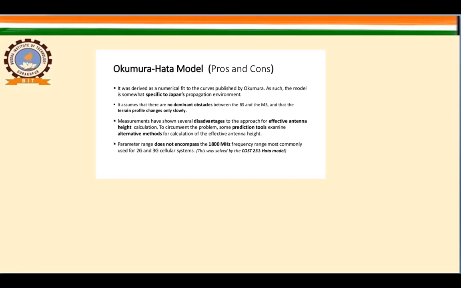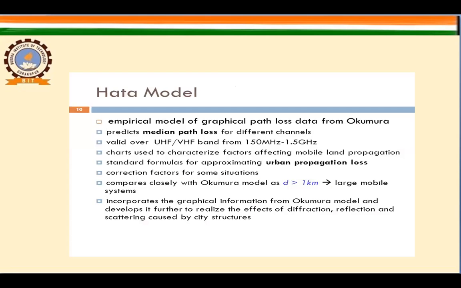The parameter range does not encompass 1800 megahertz. This is the frequency range most commonly used for 2G and 3G cellular systems, and this was solved by the COST 231 HATA model.